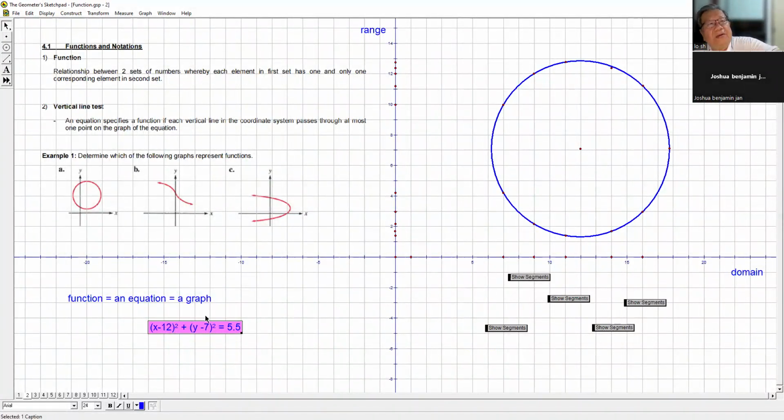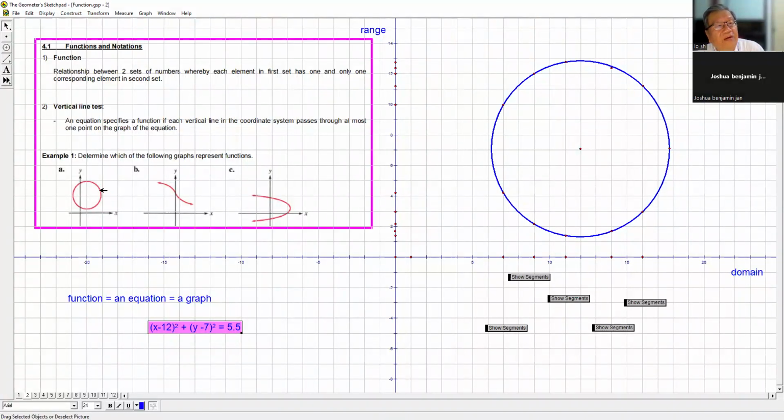So what the textbook or your lecture notes ask you is, hey, if the graph is this line, does it represent a function?